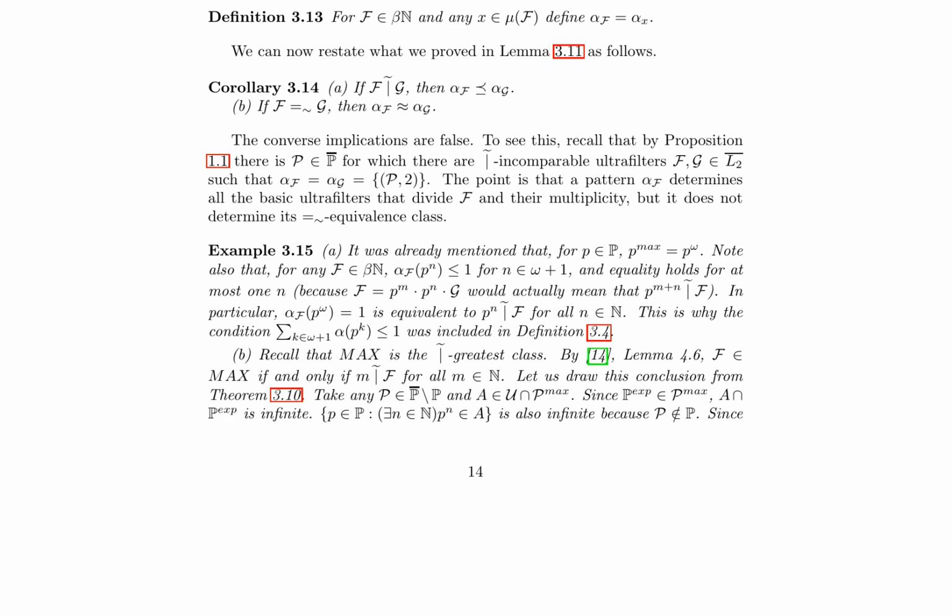The corollary states that if f tilde wide g, then alpha f precedes alpha g, and if f equals tilde operator g, then alpha f approximately equals alpha g, highlighting the importance of the pattern concept in the context of ultrafilters and their equivalence classes.